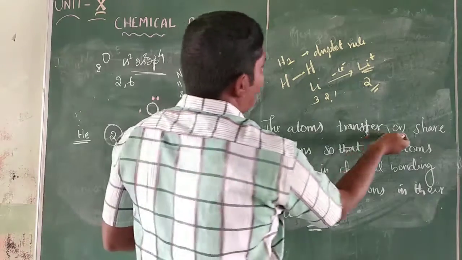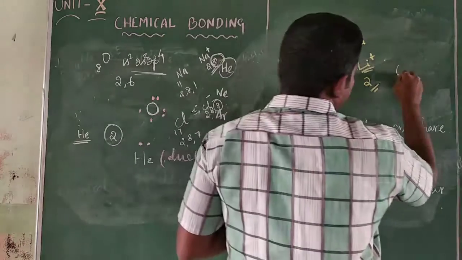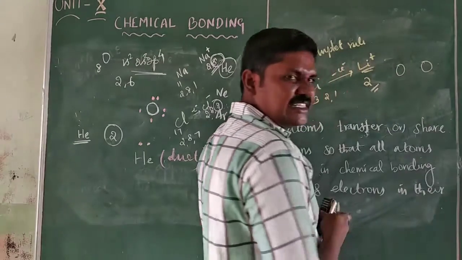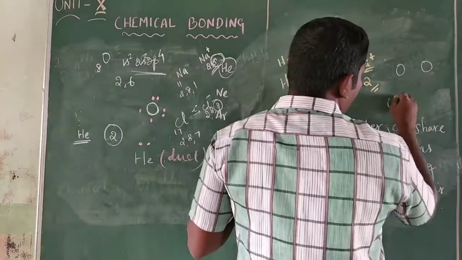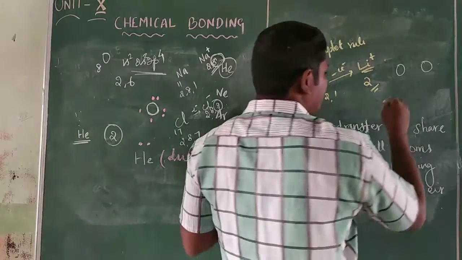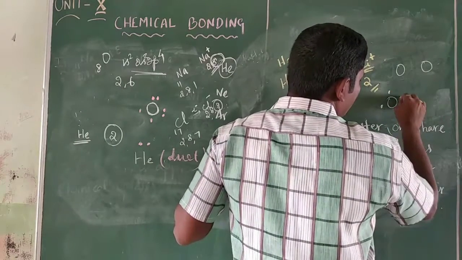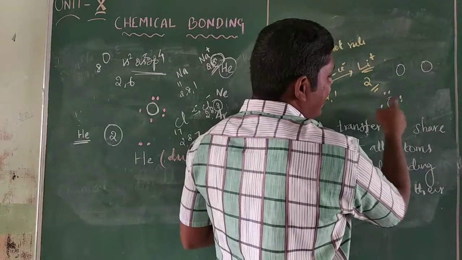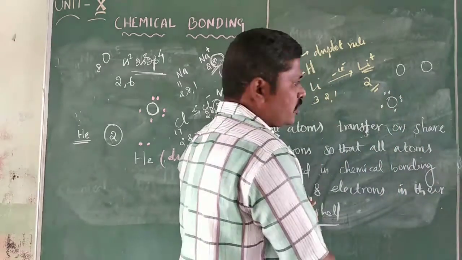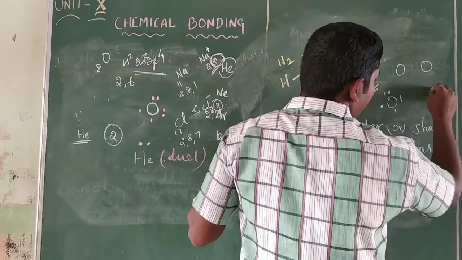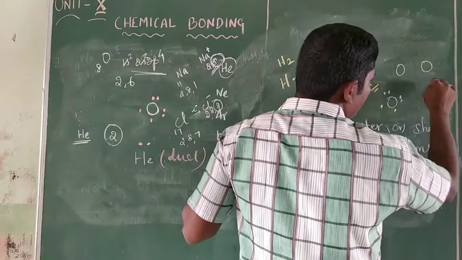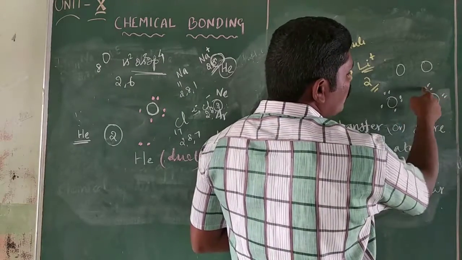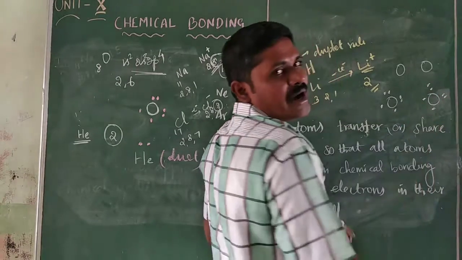In sharing of atoms, take the oxygen molecule. In one oxygen having 6 valence electrons, 1, 2, 3, 4, 5 and 6, 2 paired electrons and 2 unpaired electrons, right? In the other oxygen having 1, 2, 3, 4, 5, 6, 2 paired electrons and 2 unpaired electrons.